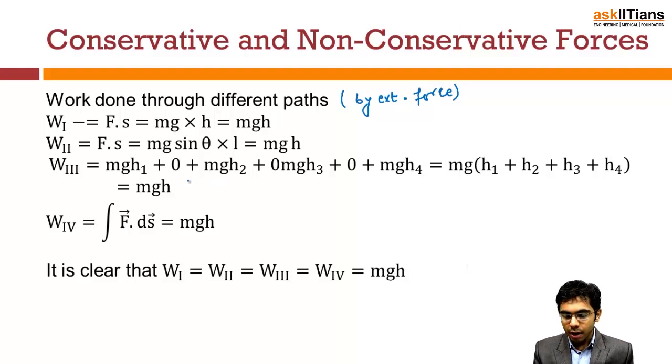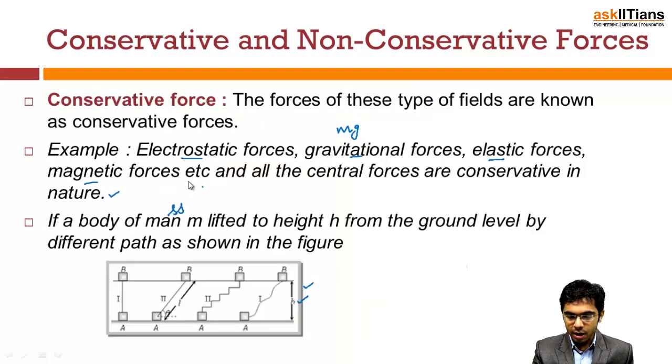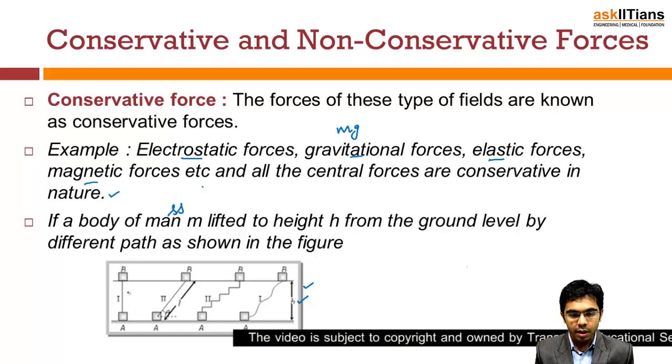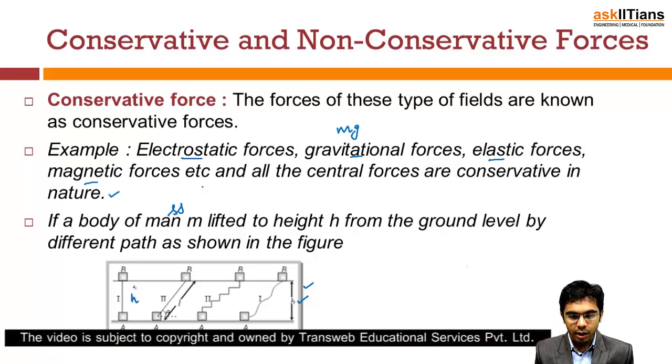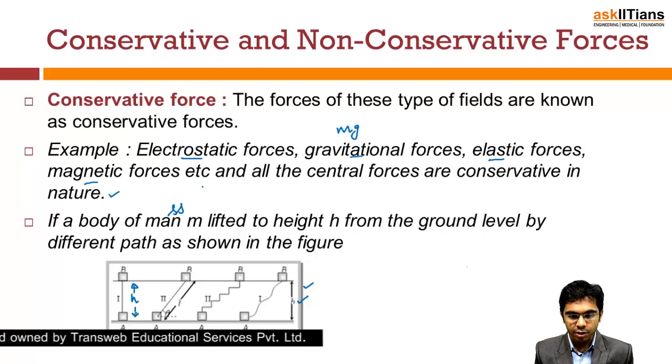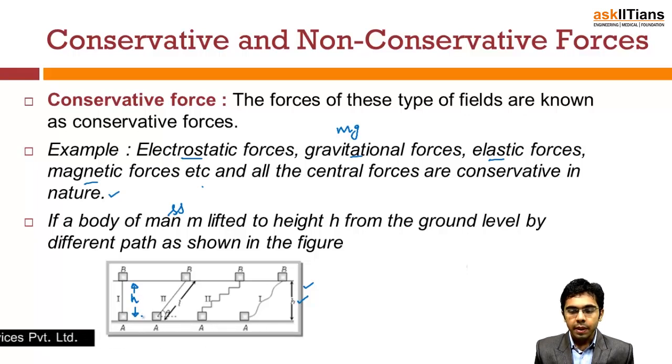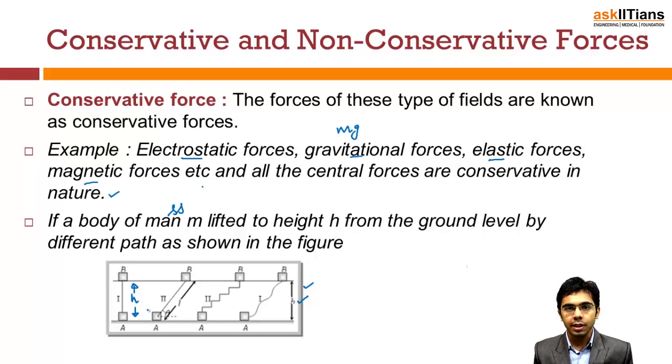So in case 1, it will simply be mgh, going from A to B, since the height is h. It will be plus mgh, because we are finding the work done by the external force. That means the force which we are providing to the block going from A to B.